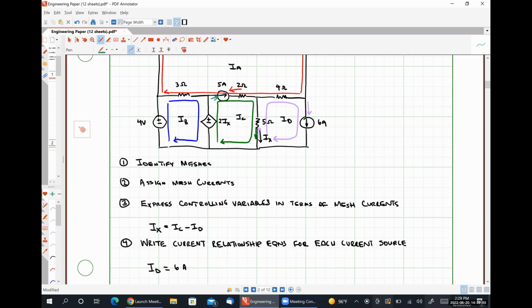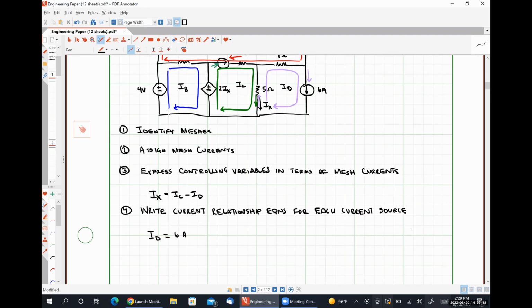So it's going to get a positive sign. So from this, we should see that IC minus IA is equal to 5 amps. Is that clear to everyone? Just doing the exact same thing that we did when we expressed IX in terms of mesh currents in the previous step.